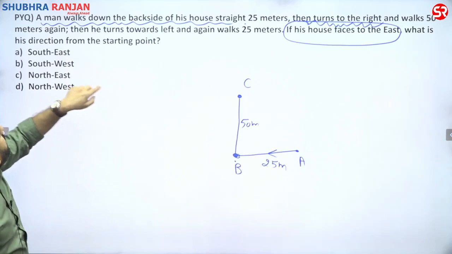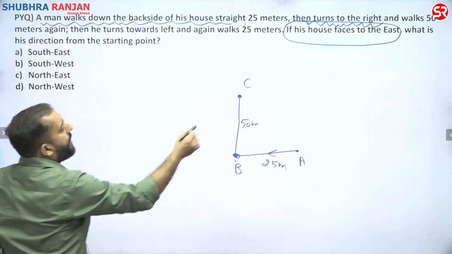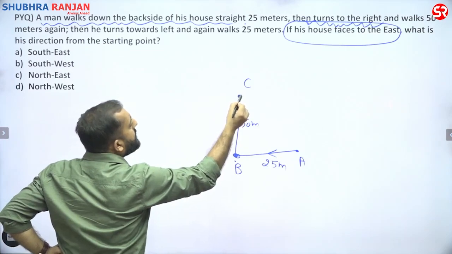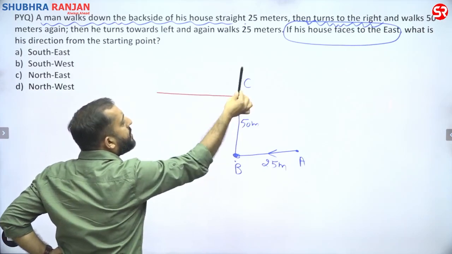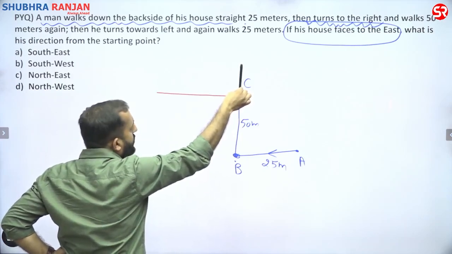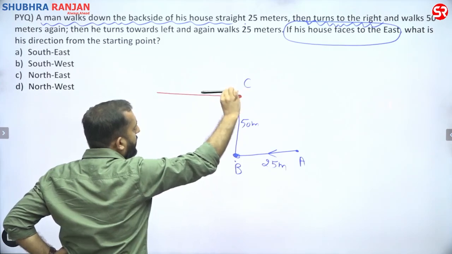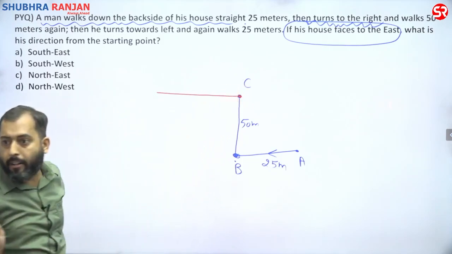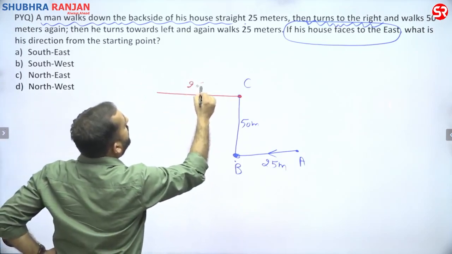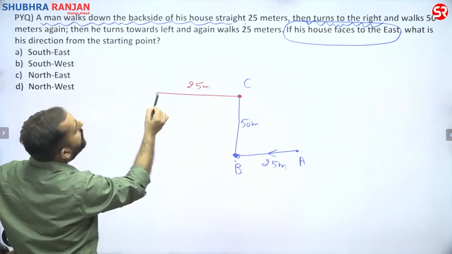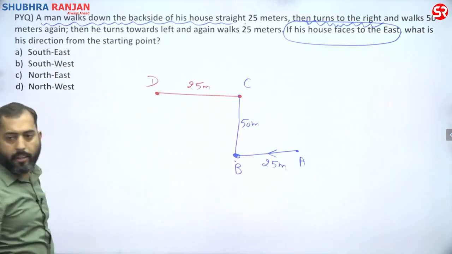After it, at point C, he turns towards left. At point C, he has turned left, so he has gone towards west again. At point C, this is the direction which that person is facing, so left is going to be like this. Right? Okay. And how much is the distance? This distance is 25 meters and he reached point D finally.